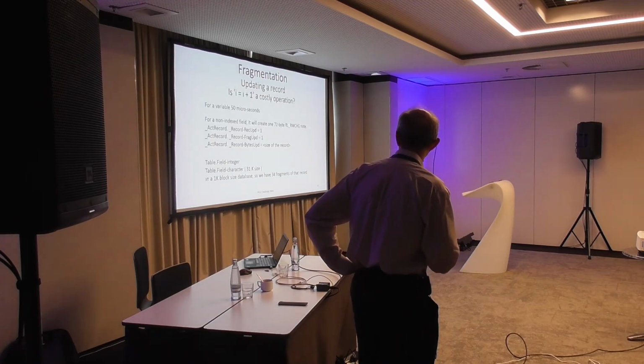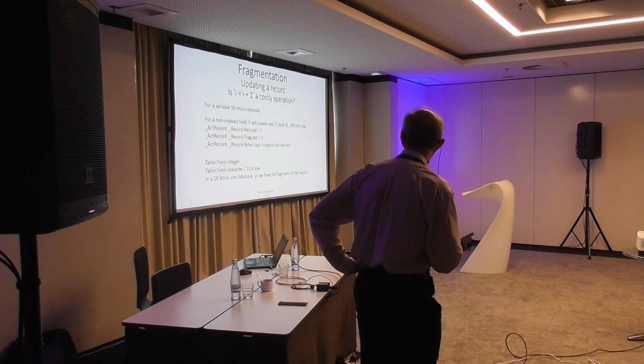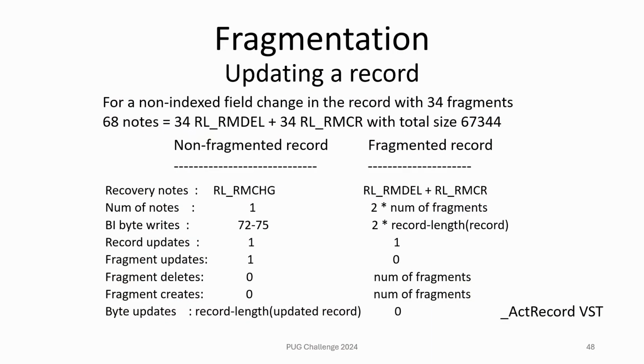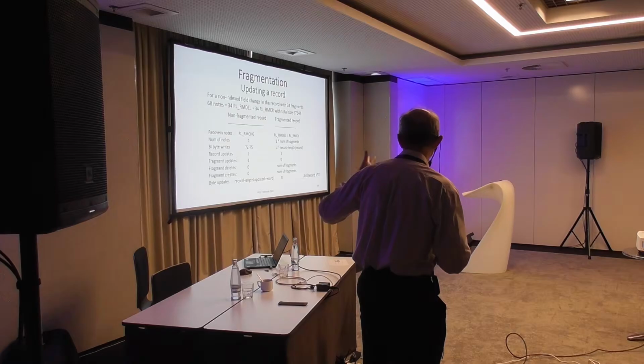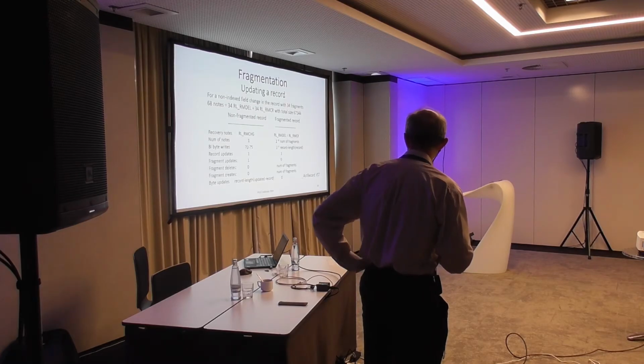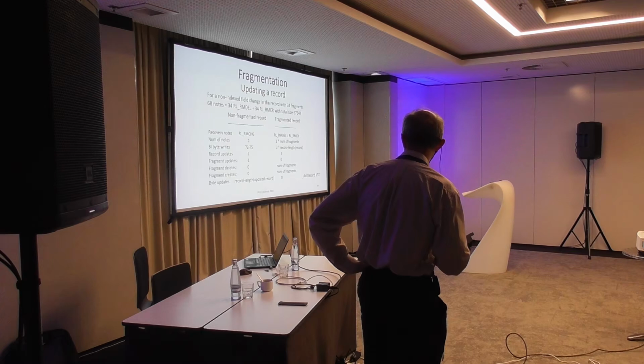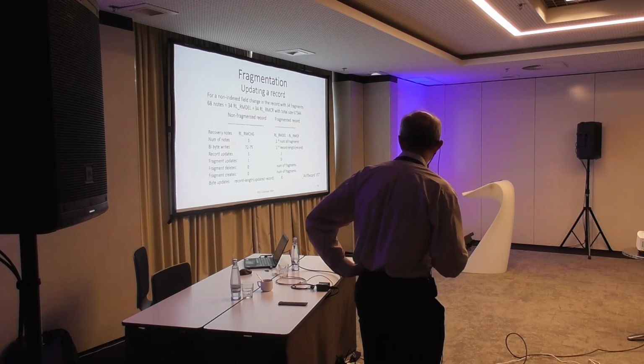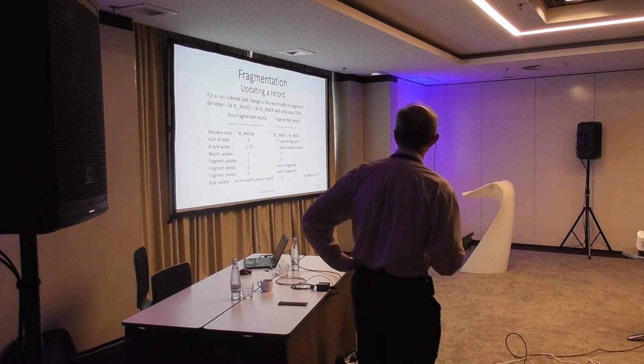And here are the results of updating this record. If we compare the record that is not fragmented with a fragmented record, we can see that this has one node of this size. The node size depends on the update, of course, big update or small update. And these are the changes that you can see in the VST, by the way.